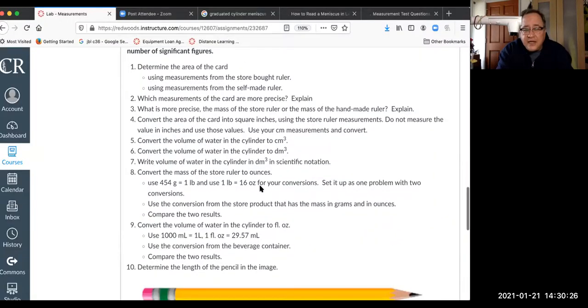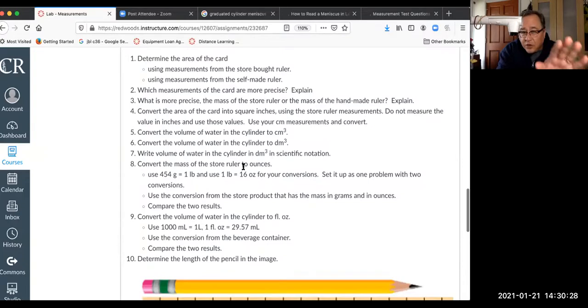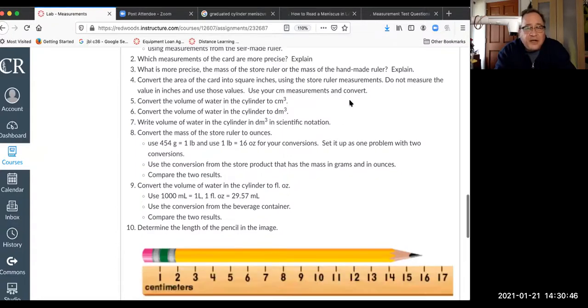So here, I told you how to round so that you can learn how to do these problems correctly. I don't have any problems here with addition and subtraction, but we'll add some more problems in there that have addition and subtraction in future labs. But you can see here what we're looking at.